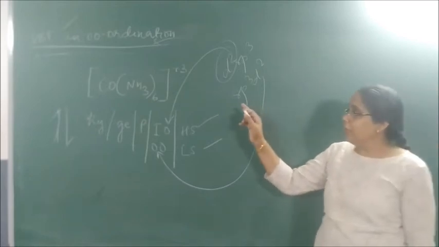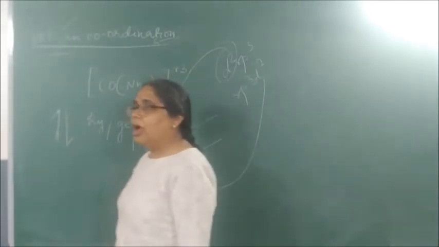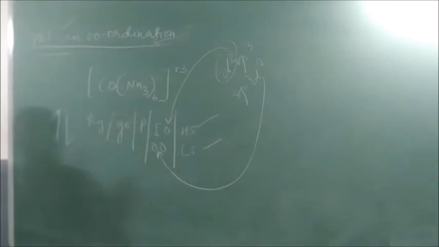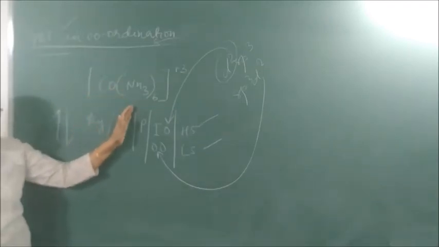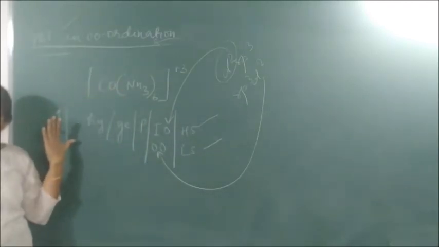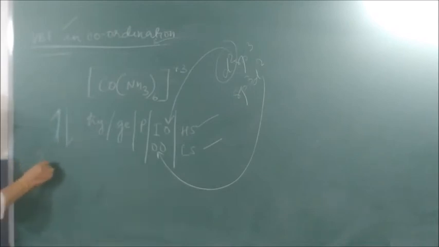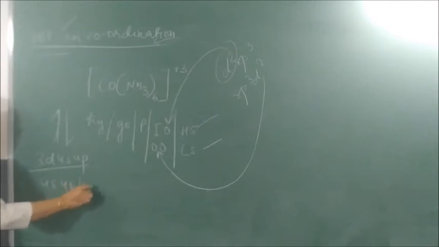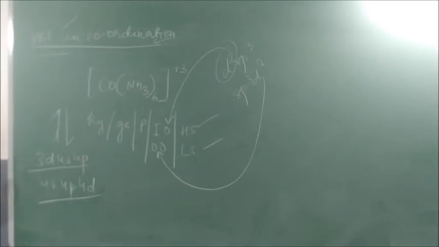Why is it called inner orbital? Because an inner d is used, that means 3d, 4s, 4p. Then it is an inner orbital complex. Outer orbital complex is where 4s, 4p, 4d are used. Then it is called an outer orbital complex.